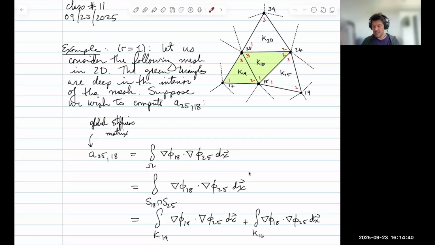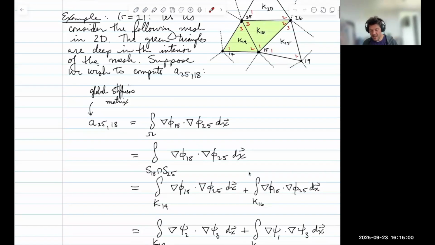For triangle 16, it can be different. So whereas in triangle 14, node number 18 was the second local node, it's the first local node in triangle K16. 26 is the second local node, and global node 25 is the third.